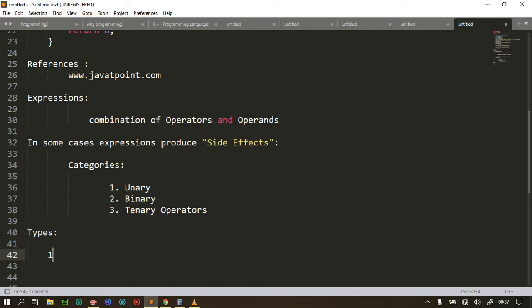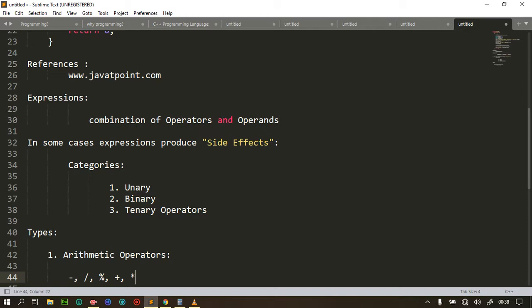So the first type of operators we have is called arithmetic operators. These ones are called basic math operators. Among them, since we said they're basic, we have minus, division, modulus, plus, and multiplication.